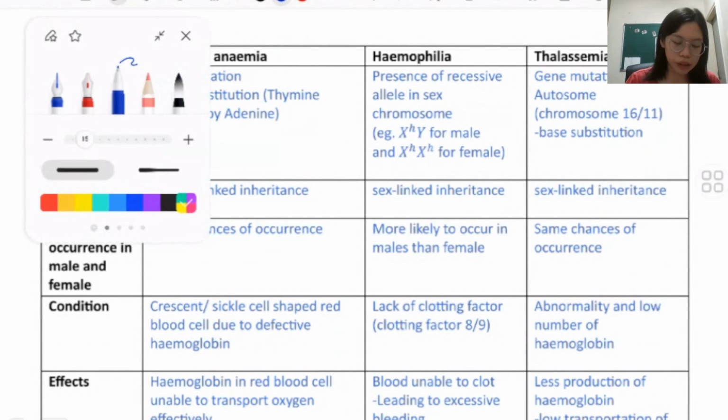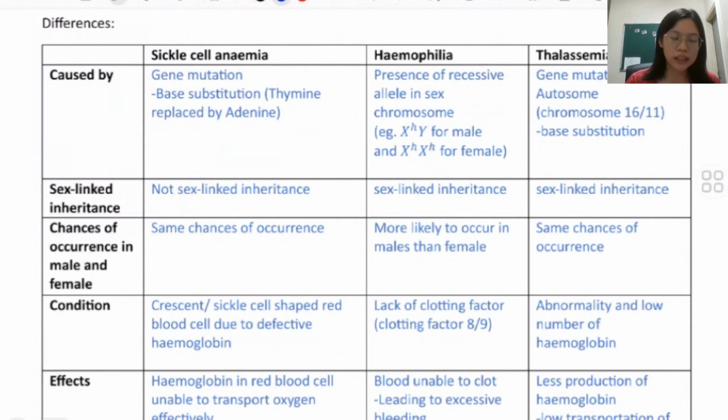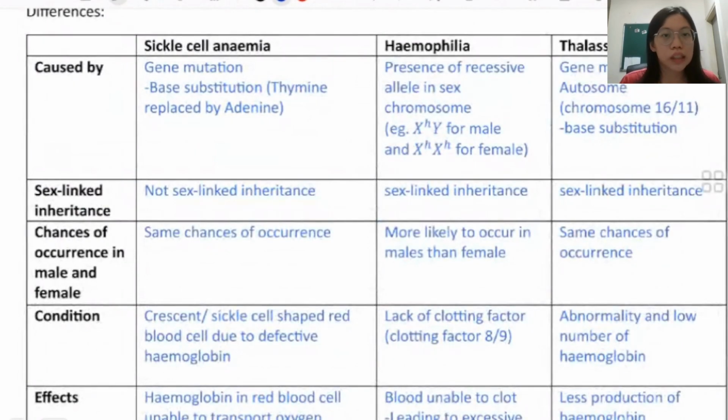So sickle cell anemia, as you can see, the word is so obvious: the red blood cell is present in a sickle shape and it is caused by gene mutation. If you learned in chapter 12 about mutation, there is chromosomal mutation and gene mutation. Gene mutation branches out into base substitution, base deletion, and base insertion.